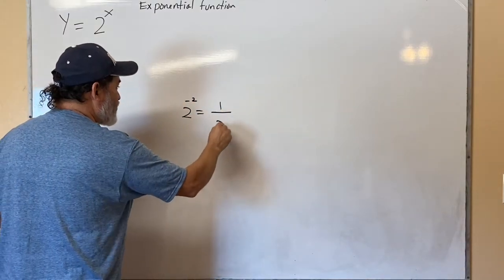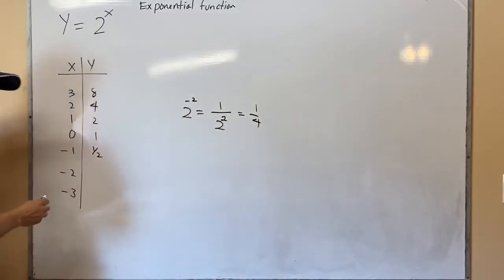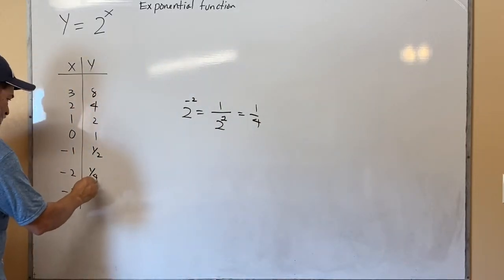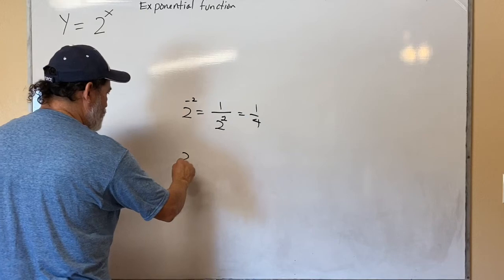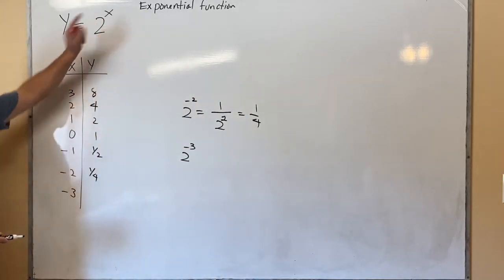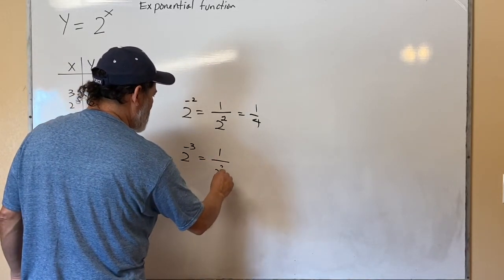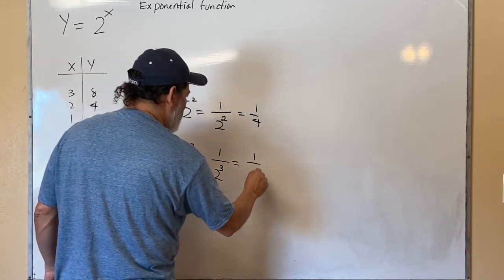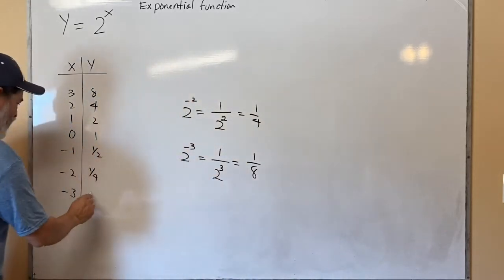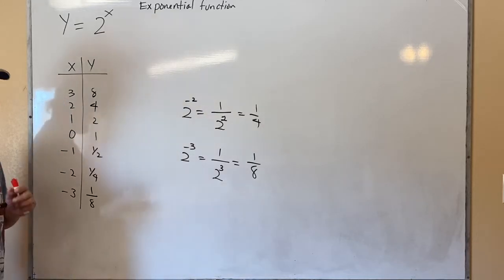This is 1 over 2 squared, which is 1/4. And 2 to the -3 is 1 over 2 cubed, which is 1/8.